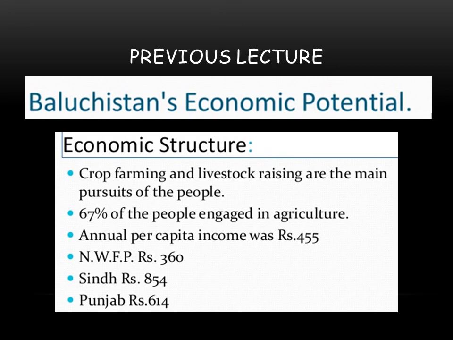Then I told you about the economic wealth of Balochistan, which is the mineral resources, and we talked about natural gas at the edge of the Lower Indus Plain. 46% of the gas supply in the country is obtained from Sui, which is on the border of Balochistan.